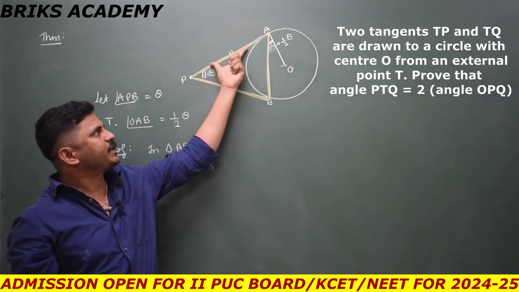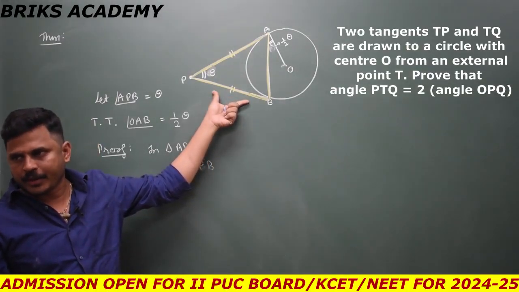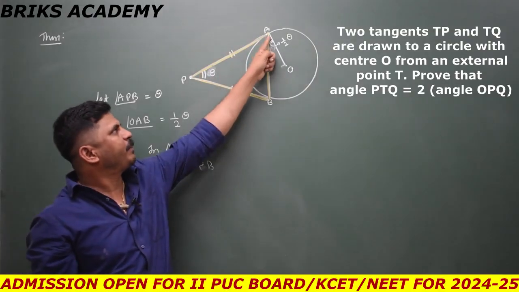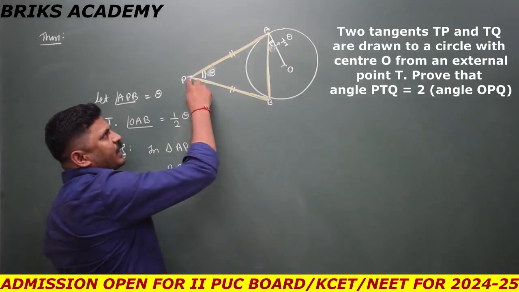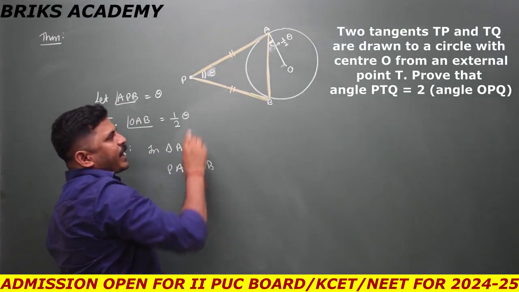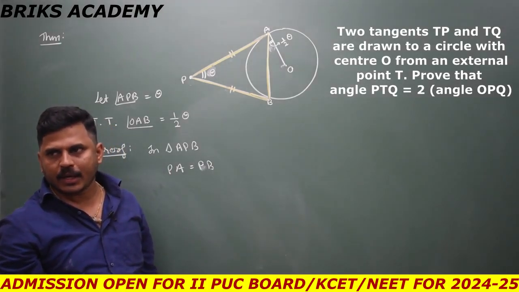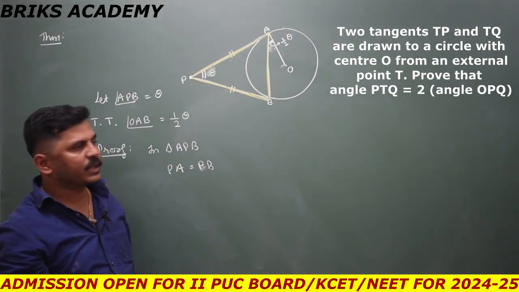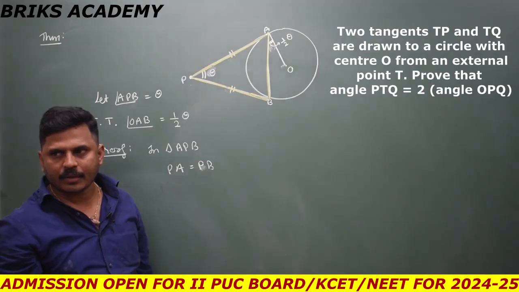The length of this tangent is equal to the length of this tangent; you already proved it. So PA must be equal to PB. If I consider this as a triangle, two sides are equal in a triangle means what? Is it an isosceles triangle?